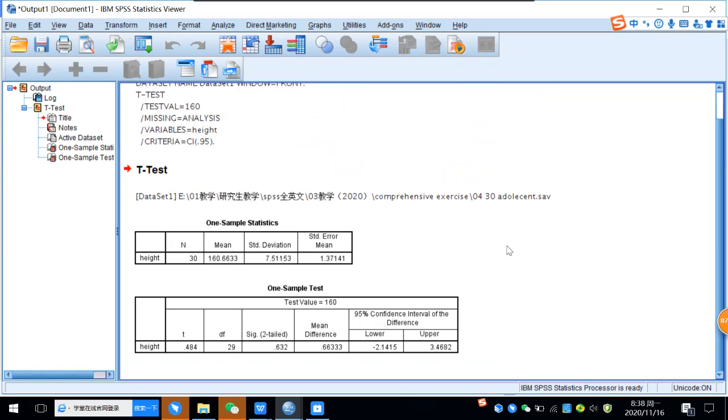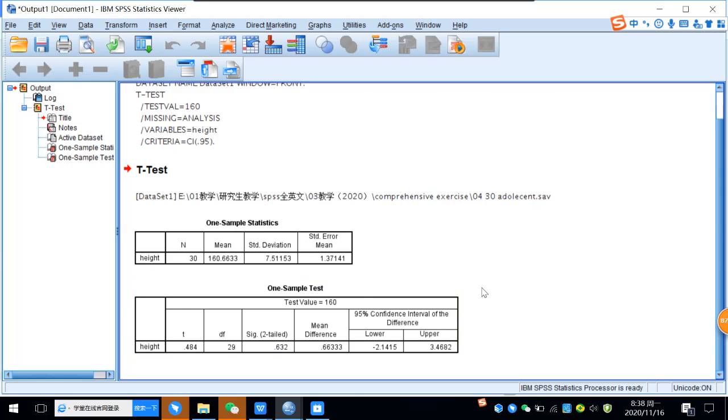Okay, now it shows the results of the one sample t-test. Through here you can see that the sample number is 30. The mean of the height is 160.66. Here, the test value is equal to 160. Yes, correct.